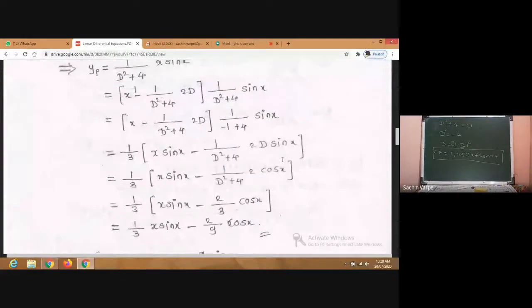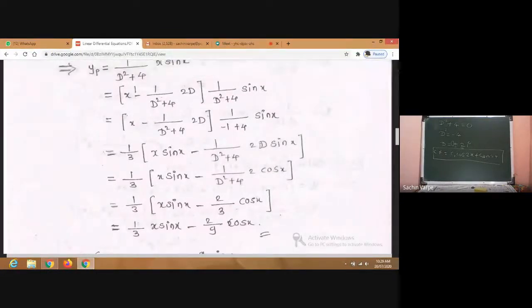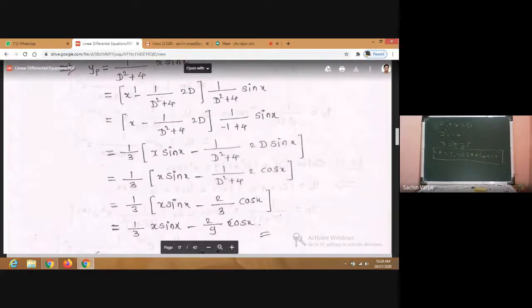Now it is your choice whether to apply D first or 1 upon D square plus 4 first onto sine x. Here I have applied D first. So D of sine x means the derivative of sine x, which is cos x. And then 1 upon D square plus 4 into cos x. What will be its value? That is of the form 1 upon phi of D into cos ax.